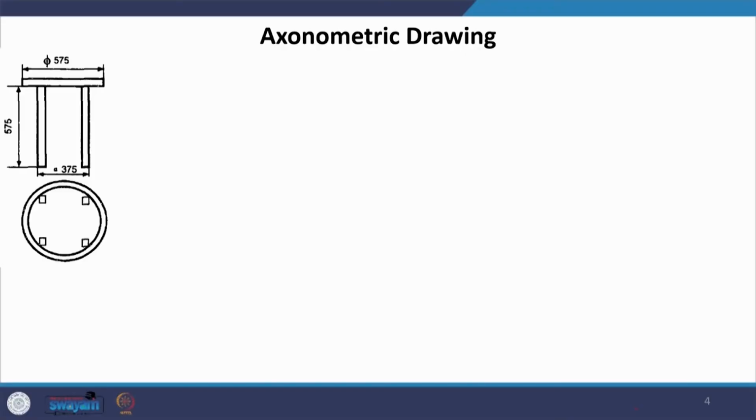Let us look at certain other examples of common objects which will make things clearer to you. Very simply, I start by drawing the plan, which is a simple circle.